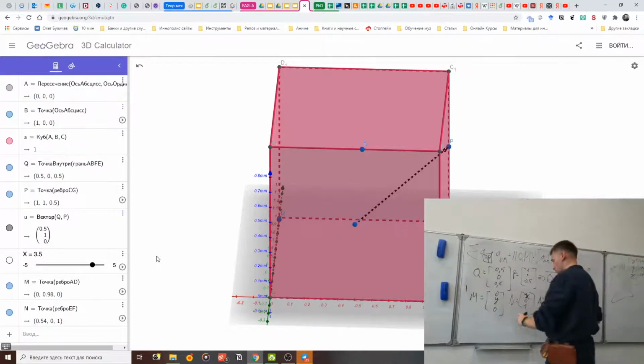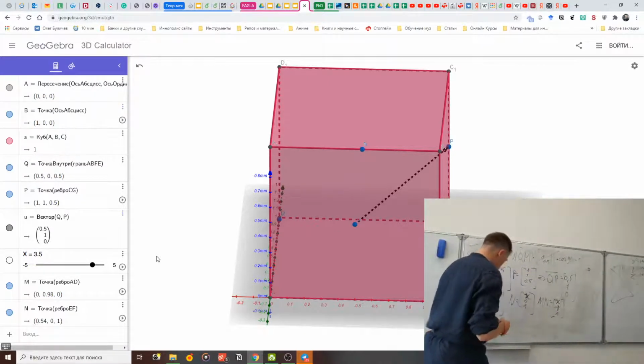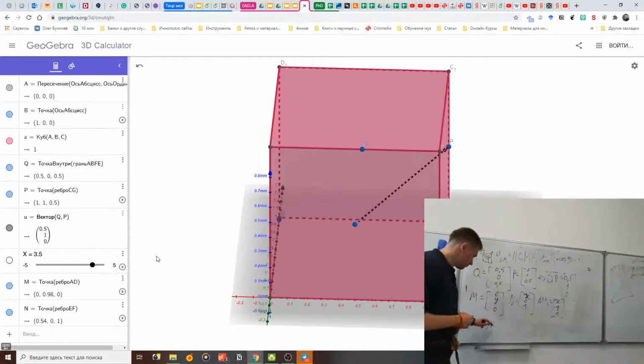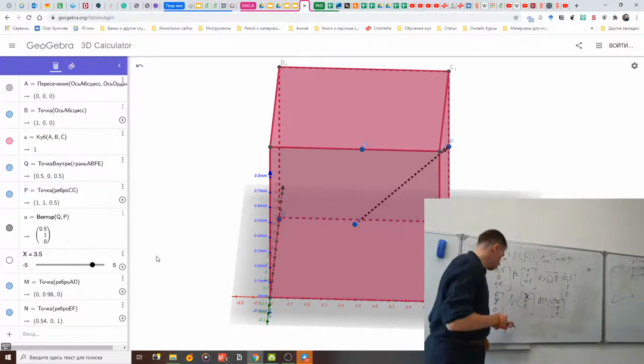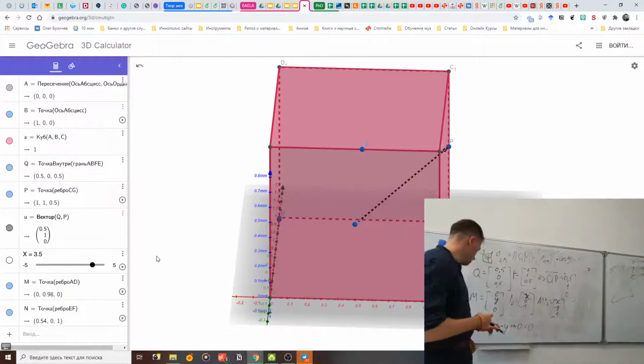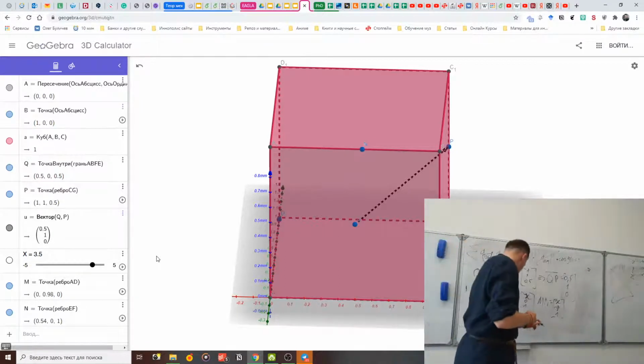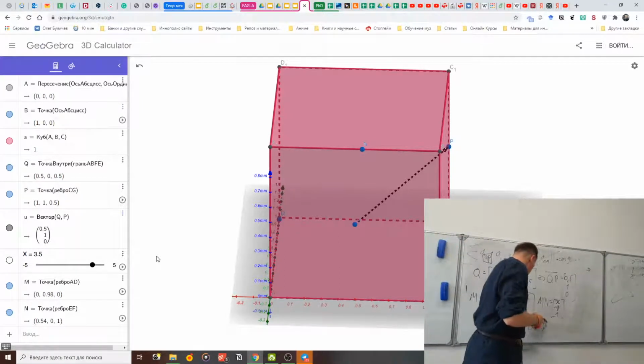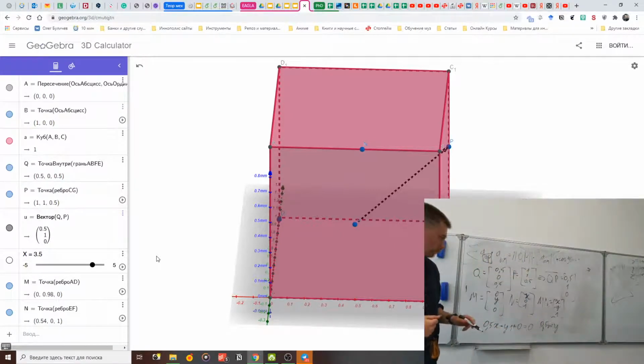So 5 x minus y 1 and plus 0 1 multiplied by equal to 0. In this case, we find 5 x equal to y. Okay, we found the relationship between x-axis and y-axis.